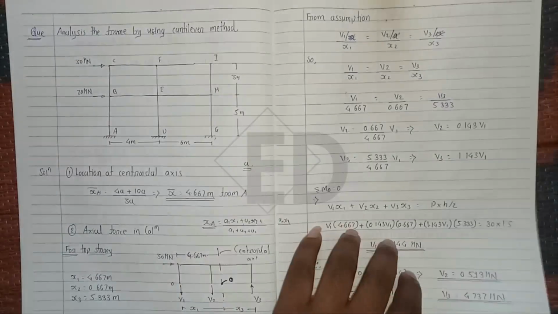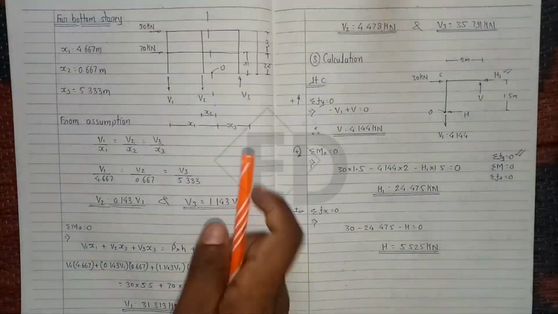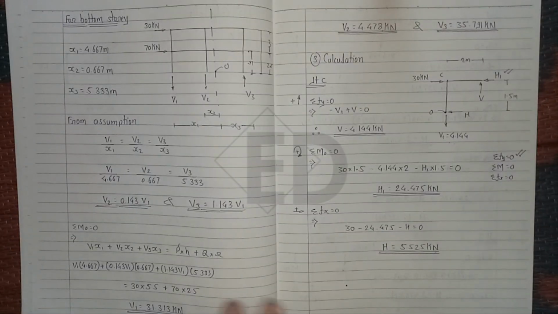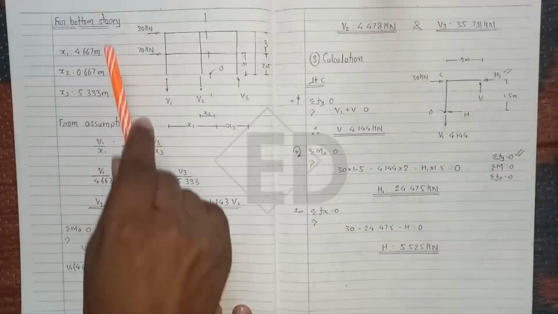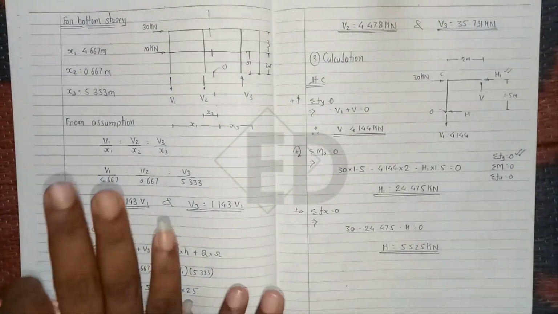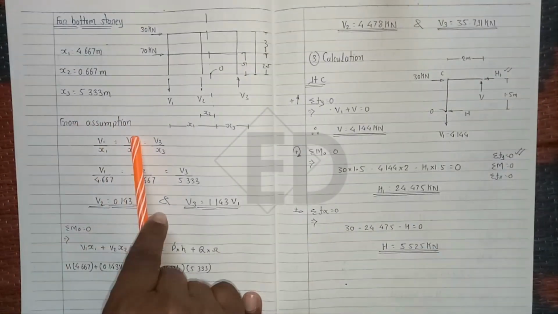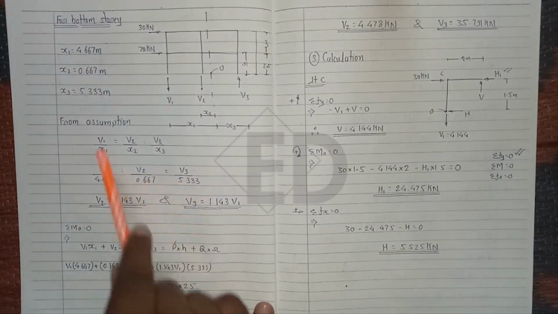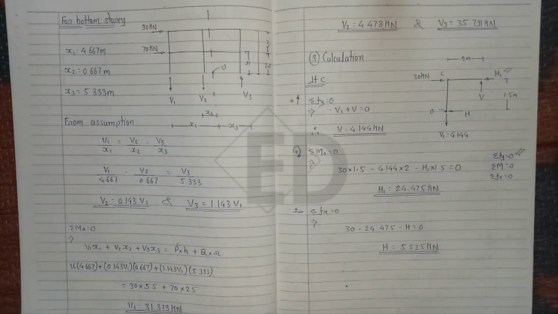Next we calculate the axial forces in the columns of the bottom story. Same procedure we did, we have to apply here. These are the distances of these forces from the centroidal axis. Here our assumption gives v1 by x1 equals v2 by x2 equals v3 by x3.